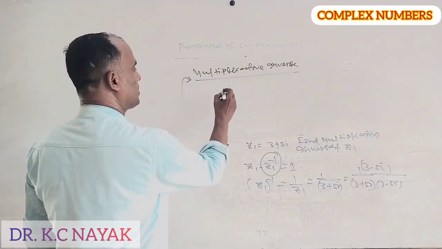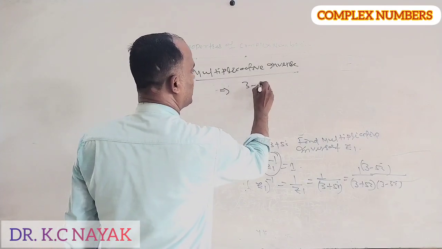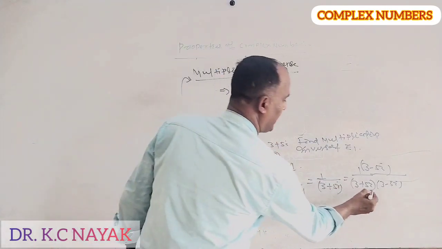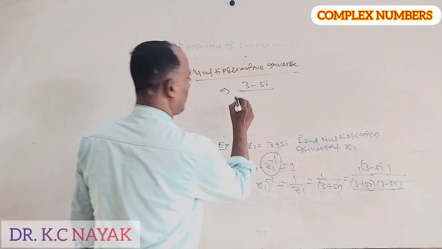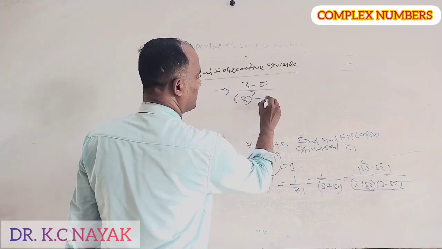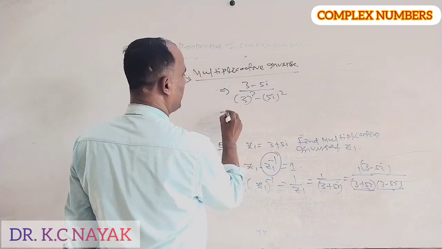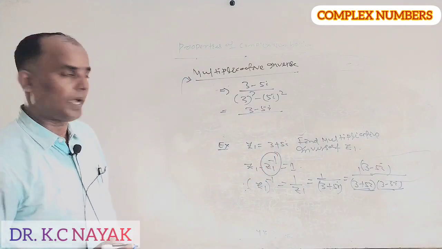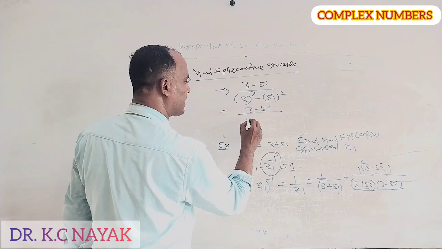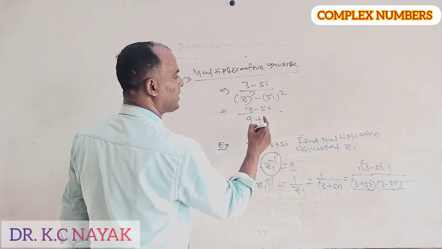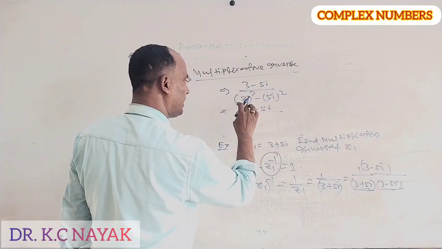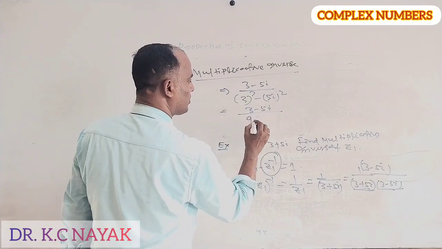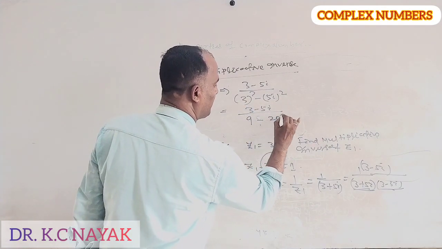What is the value? Just you see, 3 minus 5i, by a plus b, a minus b, which is a square minus b square. So 3 square minus 5i square. 3 square is equal to 9, and a minus b gives a square minus b square, so 9 minus 25i square.